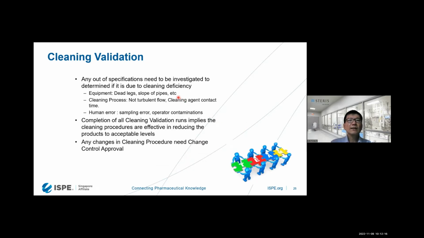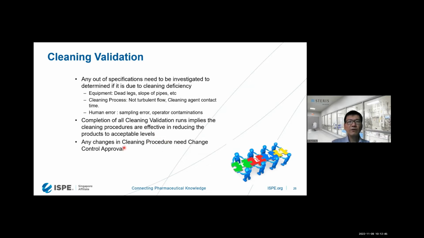Okay, last slide here. Basically, for the cleaning validation, if you have an out of specification result, it will need to be investigated. Of course, you must have a thorough investigation, whether it is due to equipment, the cleaning process not being robust, or a human error. So you need to have the root cause determined before you repeat your cleaning validation. So completion of all cleaning validation runs implies the cleaning procedures are effective in reducing the products to acceptable levels.